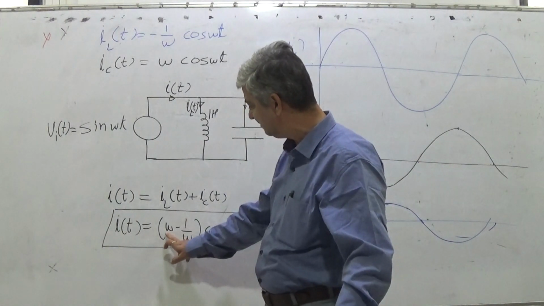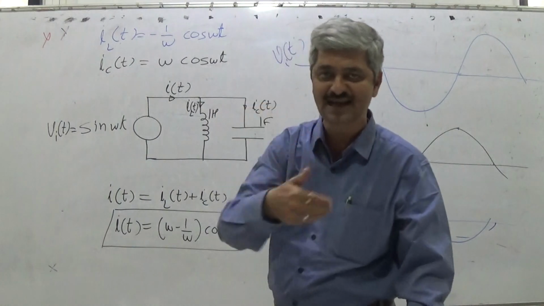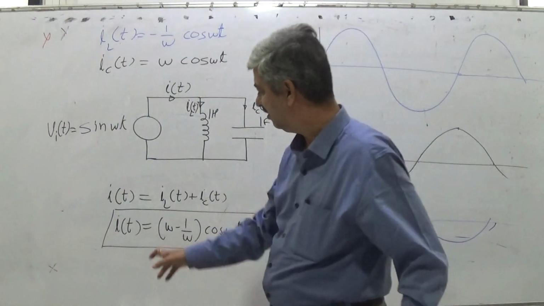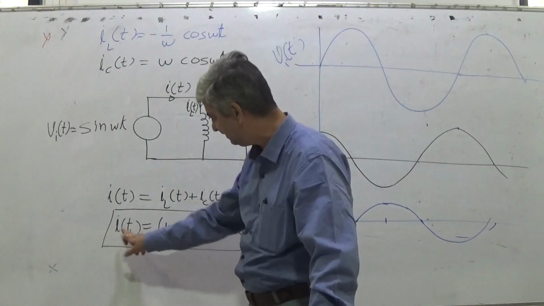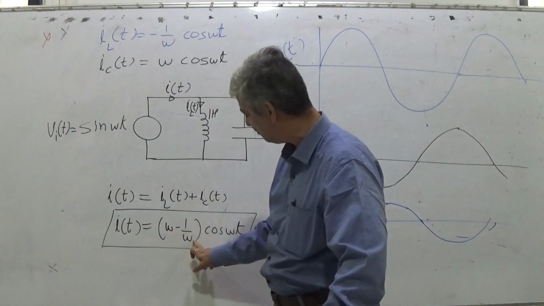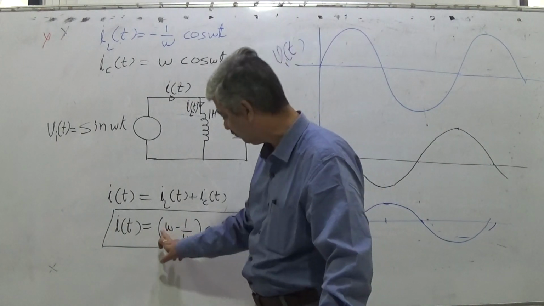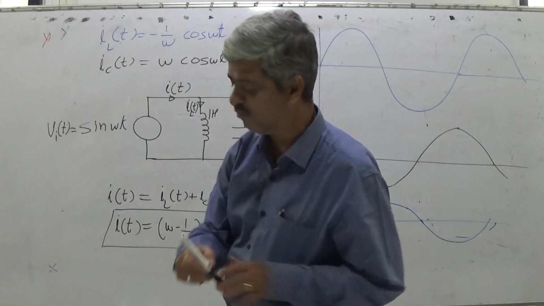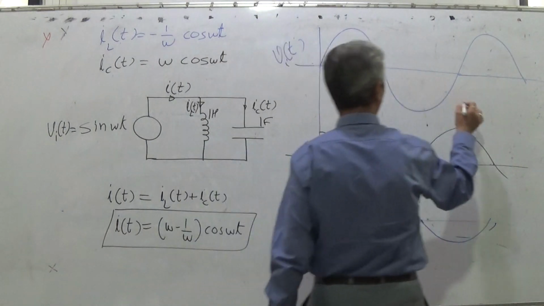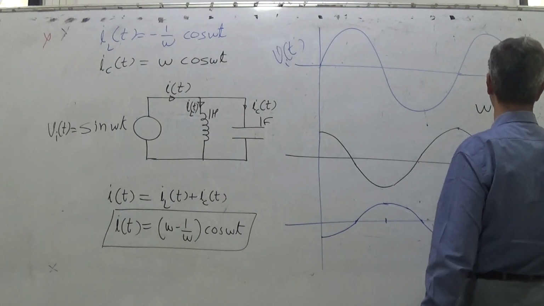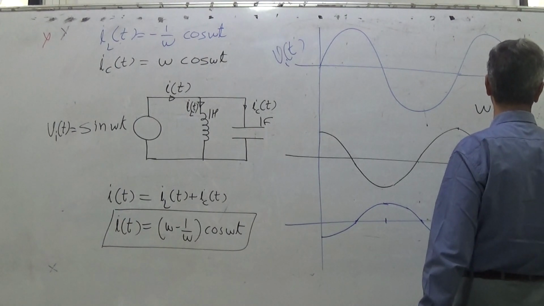When they are already opposite and equal, their sum will be 0. The same I can derive from this. IT is equal to omega minus 1 upon omega cos omega t. So if omega equal to 1 upon omega, that means omega square equal to 1, that is omega is equal to plus minus 1.